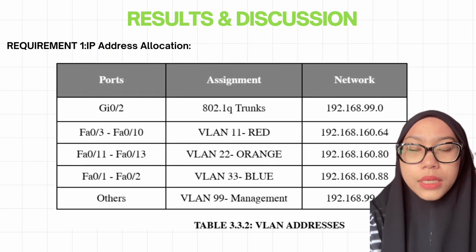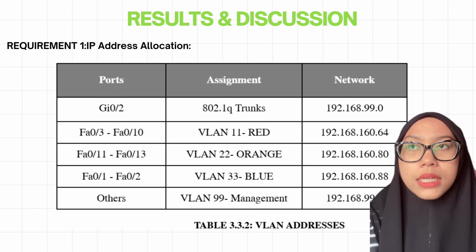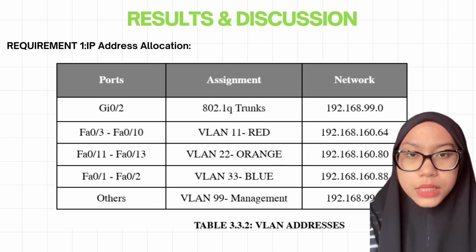We have divided our network into different VLANs, and each VLAN has a specific purpose and IP address range. For trunk, the port is Gi0/2 and used for connecting switch at 192.168.99.0. The VLAN 11 we name it as red at port Fa0/3 until Fa0/10, and assign IP range from 192.168.160.64.